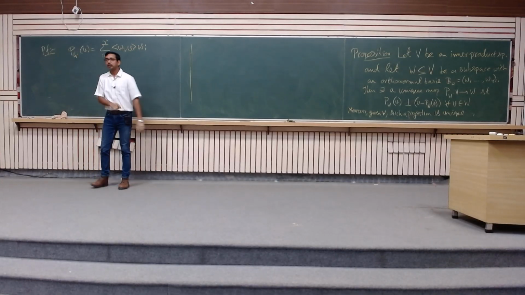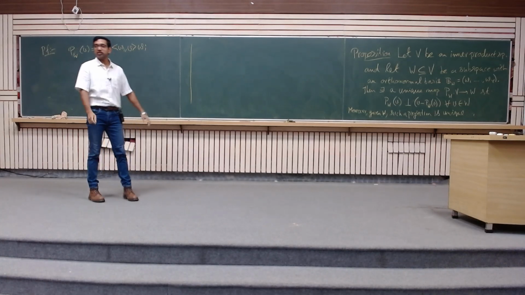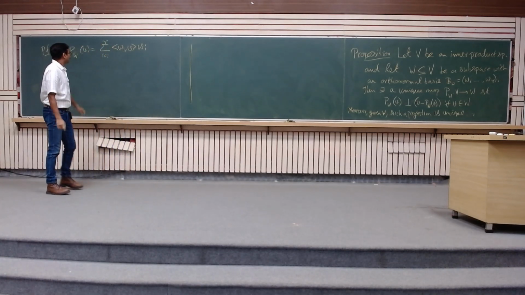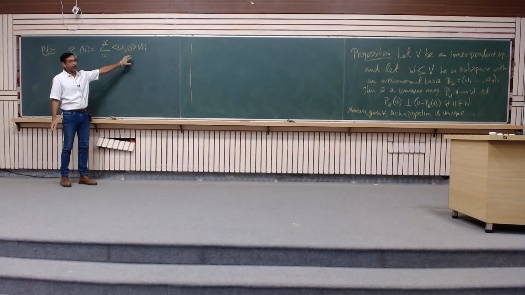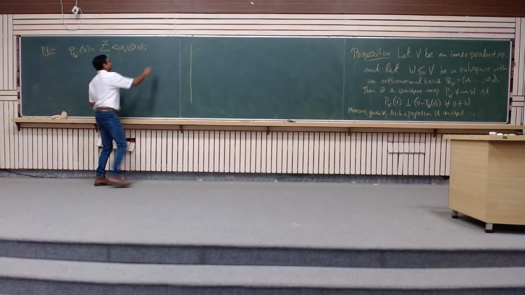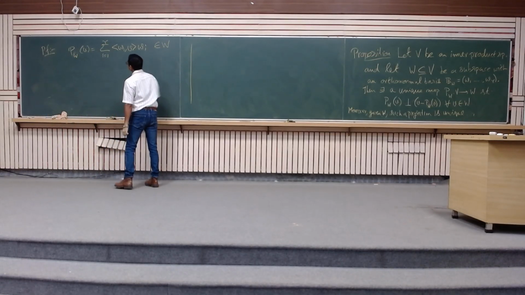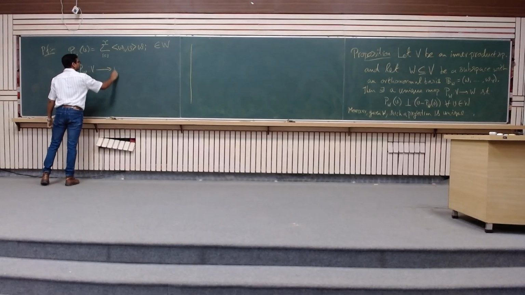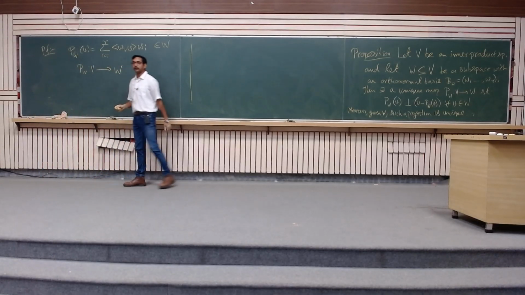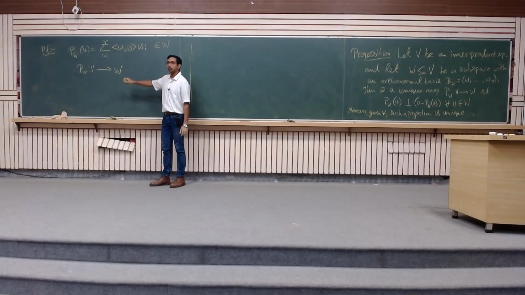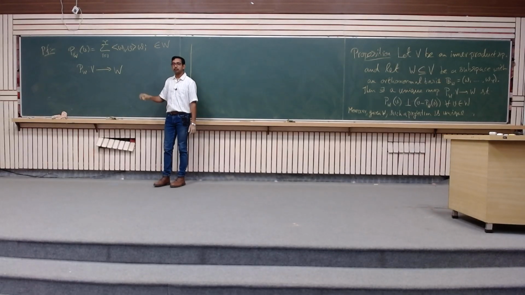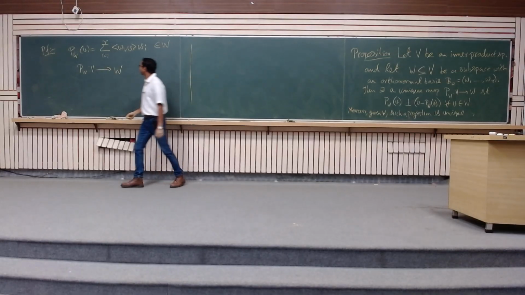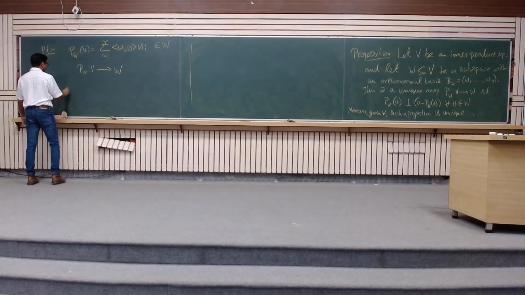So what we must show at first is that it's a projection. Well, at first note that this is an element in W, right? So indeed, this is a map from V to W. And then what more should it have for being a projection? P squared should be equal to P, right? So if you apply P once more, what will happen?